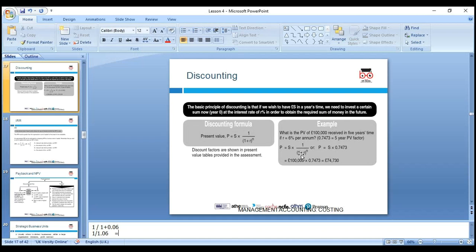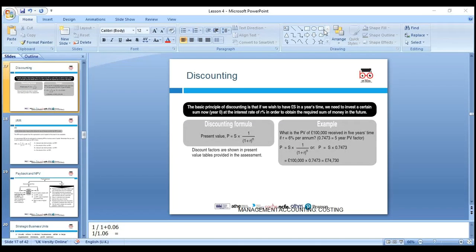So our answer is 1 divided by 1.06. Do we know what answer will come? It comes to 0.7473.